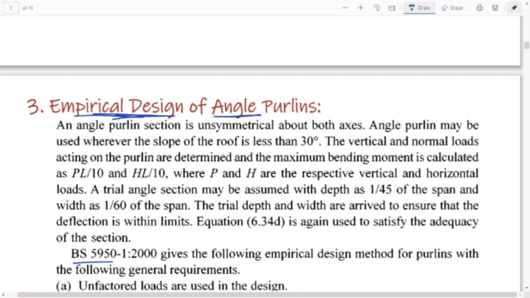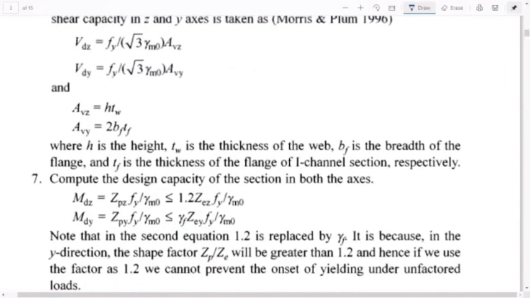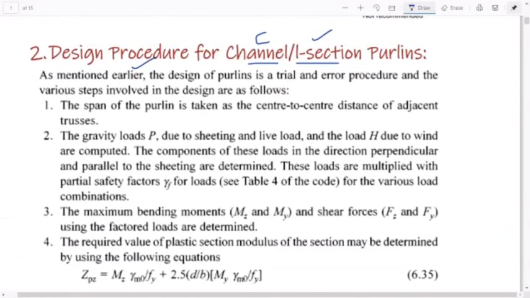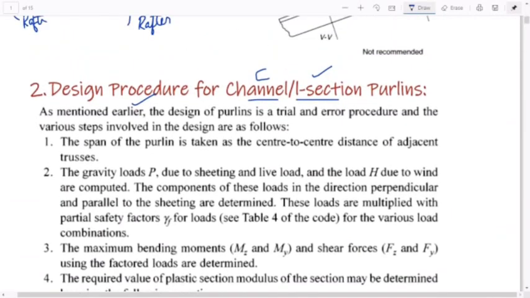This is the code book that gives us the empirical design procedure for angle purlins. So when you are using angular sections as purlins, this is the design procedure that you need to use. And if it is I section or channel section or C section, you have to follow this procedure.